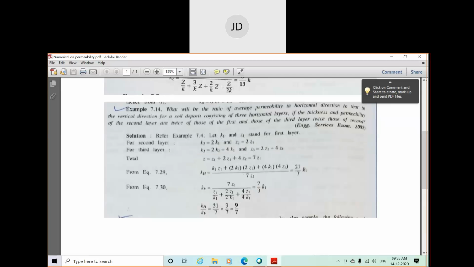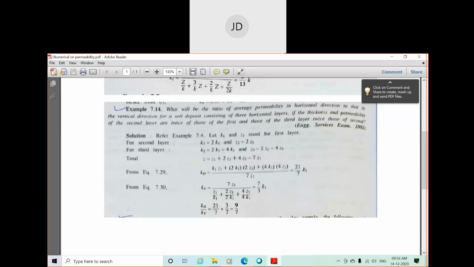For the second layer, it is given that the thickness and permeability of the second layer are twice of those of the first layer. That means the coefficient of permeability of the second layer is just twice the coefficient of permeability of the first layer. That is K2 equal to twice K1. And for thickness also, the thickness of the second layer is twice the thickness of the first layer, twice Z1.